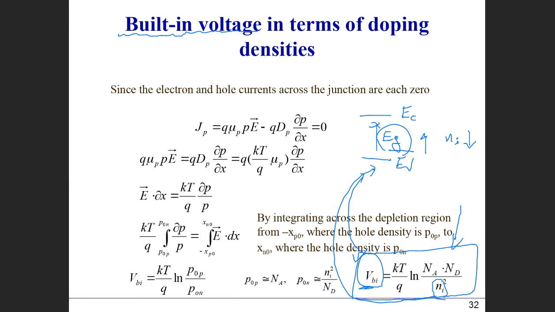So in other words, if you compare the VBI of a PN diode made with, for example, silicon, or a semiconductor such as germanium, different semiconductors will have a different Ni, and that also affects your VBI.